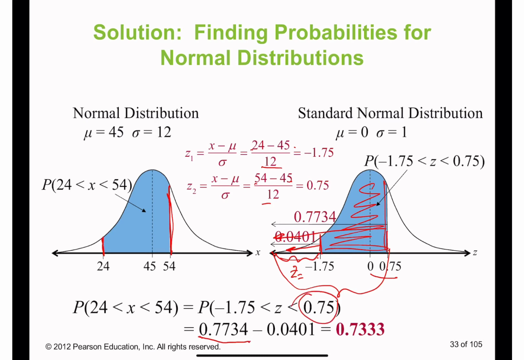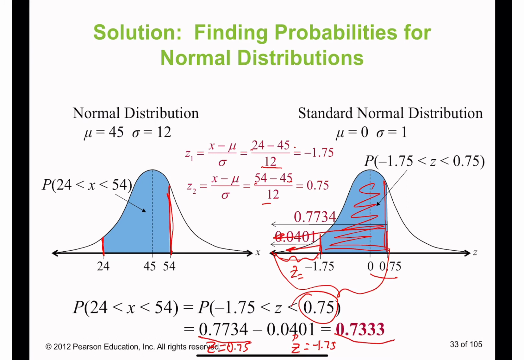Yeah, we can't have negative more than 50%. So this is for the 0.75 z-score, and this one is for z-score equal negative 1.75. Okay. So you subtract from each other and you get 73%. And remember what I said based on logic also? Yes, it is absolutely normal.